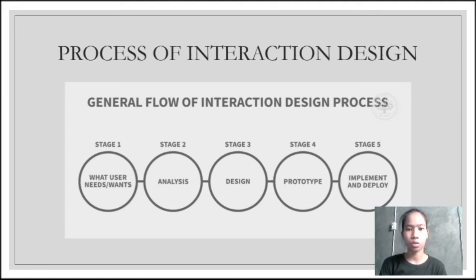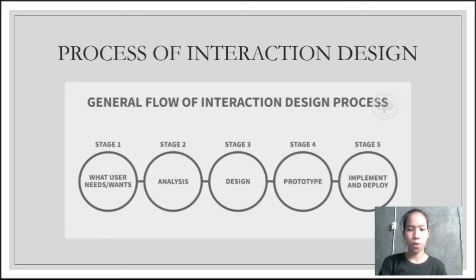Stage 2, we have to do the analysis to sort and order your findings so they can make sense through a narrative or the story of how someone uses a system. And task analysis, breaking down a user's steps or sub-steps. Stage 3, we have the design. Design a potential solution according to design guidelines.